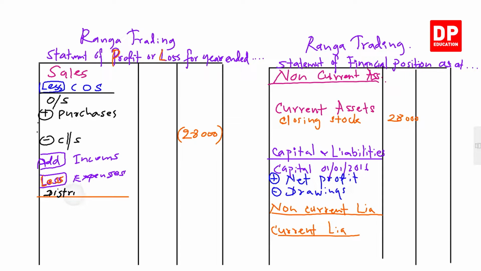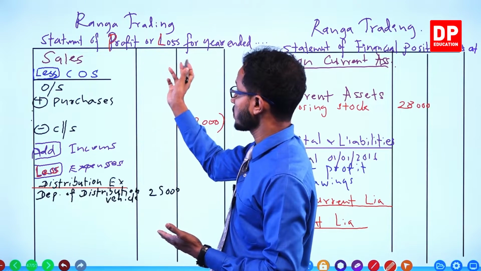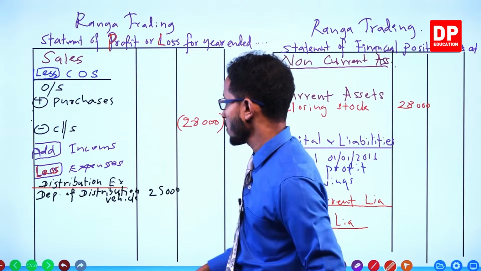So distribution expenses you should mention here under expenses: depreciation of distribution vehicle, 25,000. Done. You recorded in the SOPL, statement of profit or loss, this depreciation of distribution vehicle.